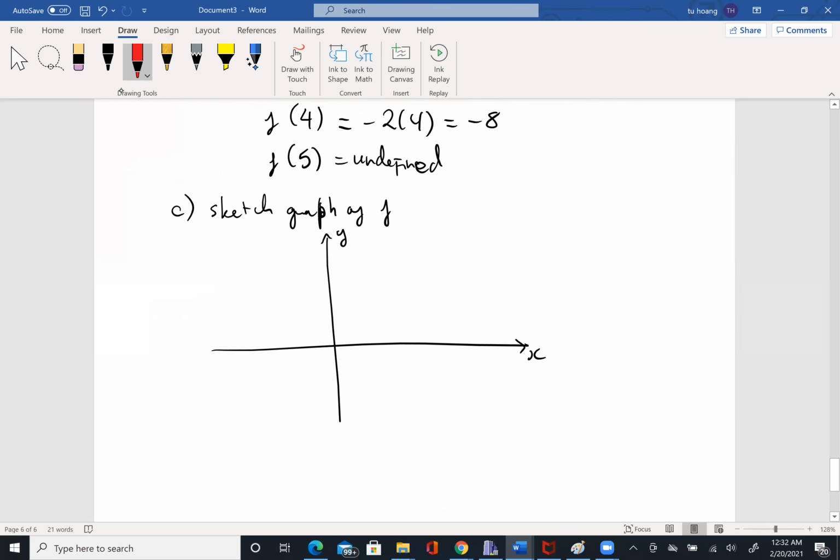So here's 1, here's 2, we put 2 here. And then at 2 you may draw a dotted line that represents a hidden line, because later on, after the 2 here, the graph changes to the other pieces, right?